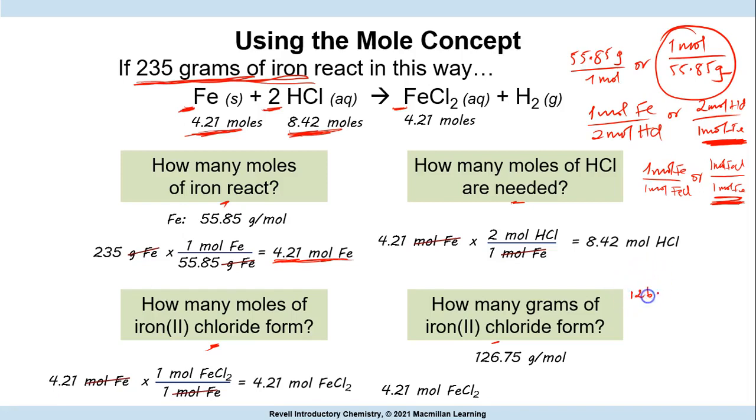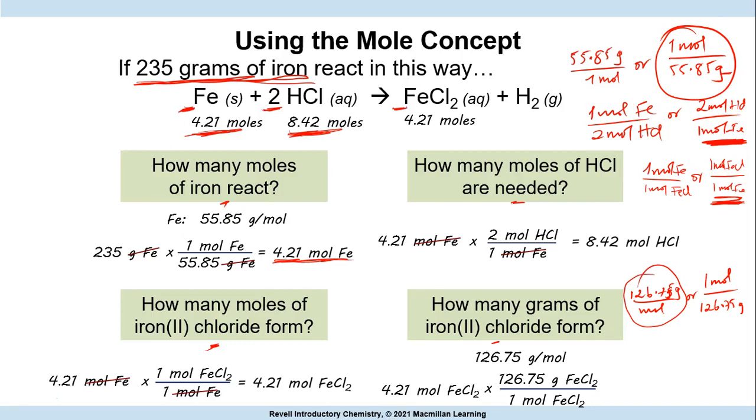We have 126.75 grams per mole, or we have 1 mole to be equal to 126.75 grams. Here we have moles at the top, so we are using the conversion factor where our moles will be at the bottom, so we are going to use this one. So we are going to multiply by that conversion factor, and the moles of iron chloride cancels out the moles of iron chloride, and we are left with grams of iron 2 chloride.